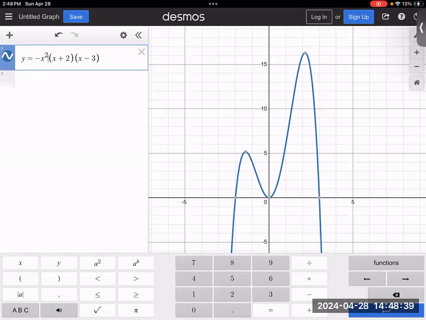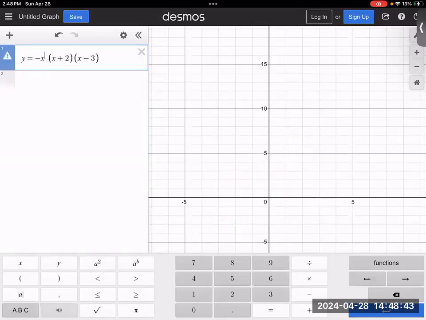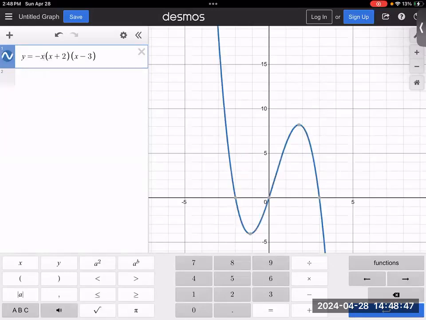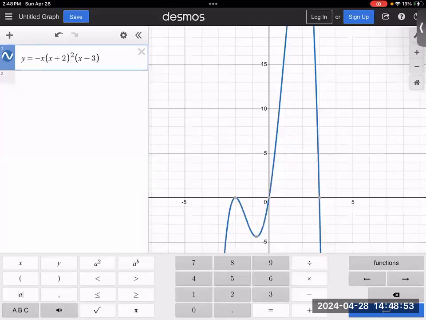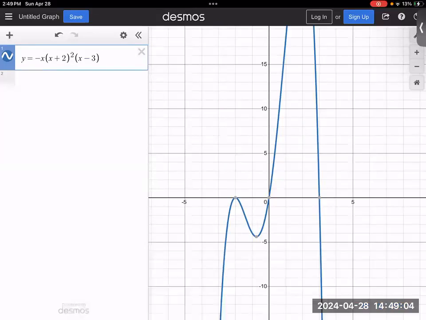Now let's clear out this one in black and change it so you can see what it might look like when the bounce is not on the 0 but instead on the -2. By changing the multiplicity to 2, notice that it then bounces on your -2 area.